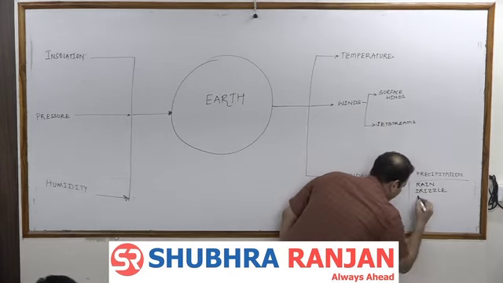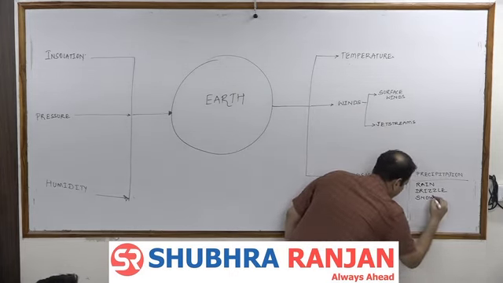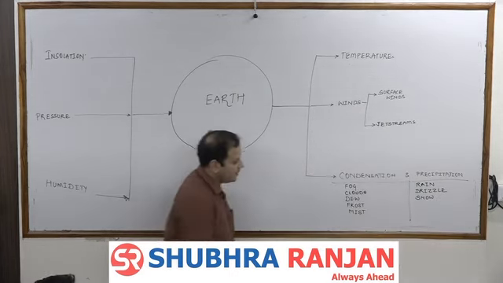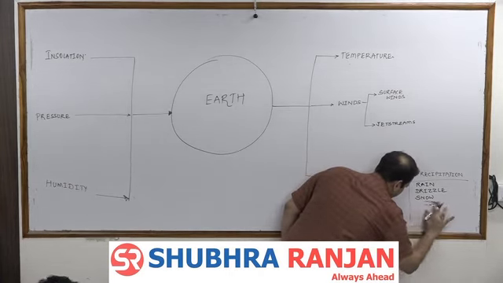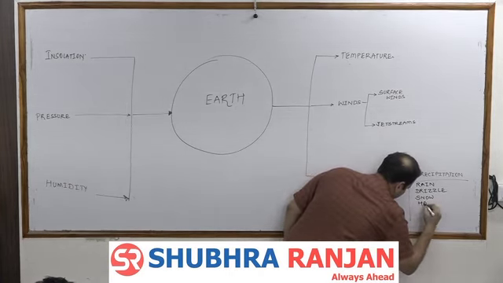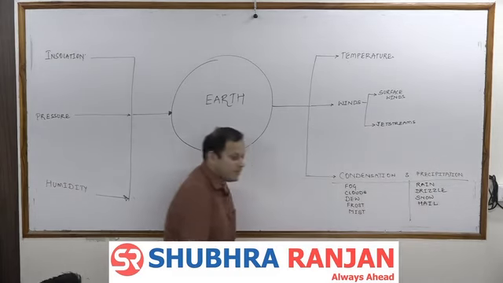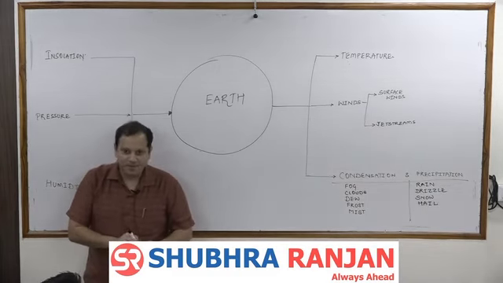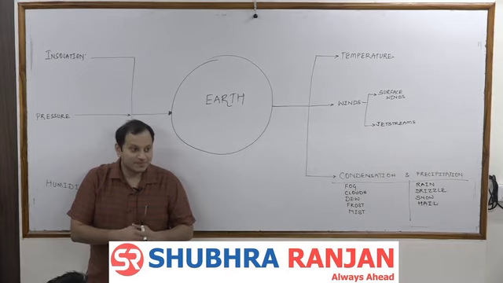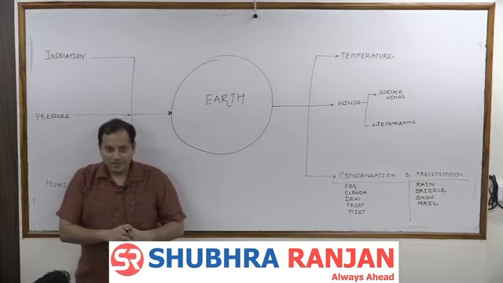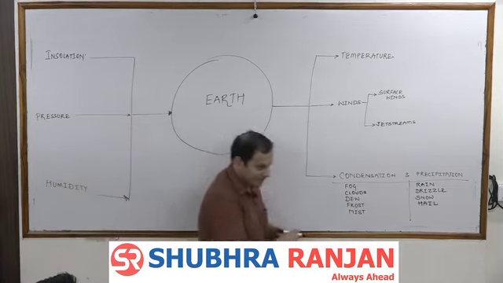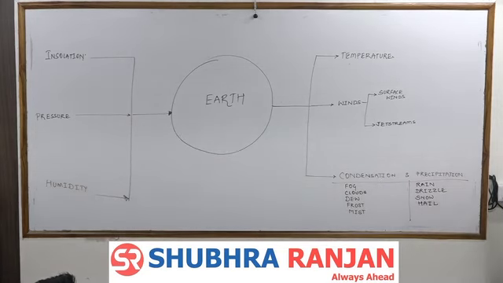Then after that, snow, frost, sorry, not frost, hail. What is the difference between snow and hail? Hail is in ice form and snow is snow.